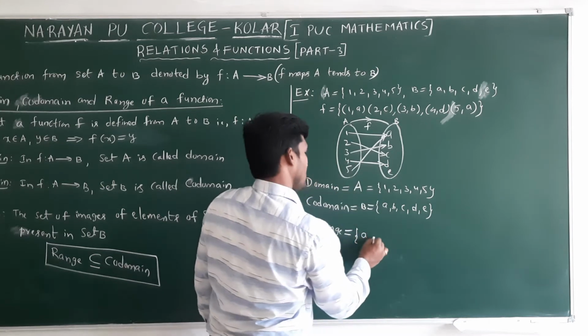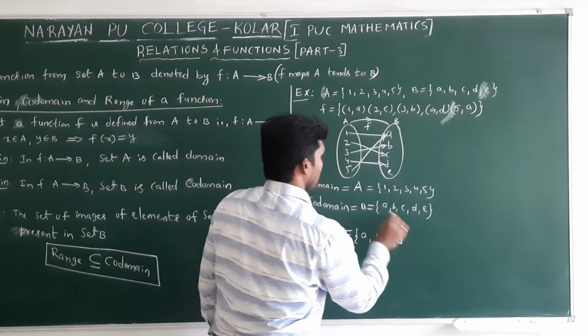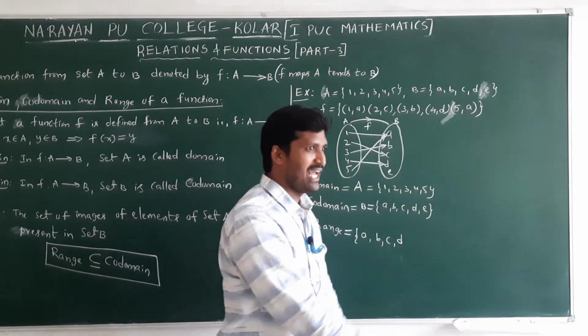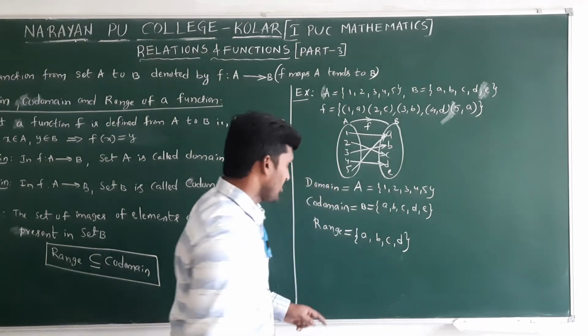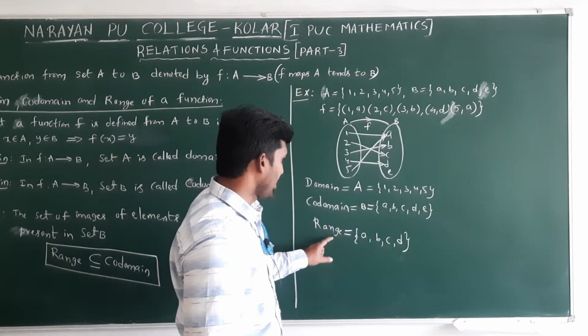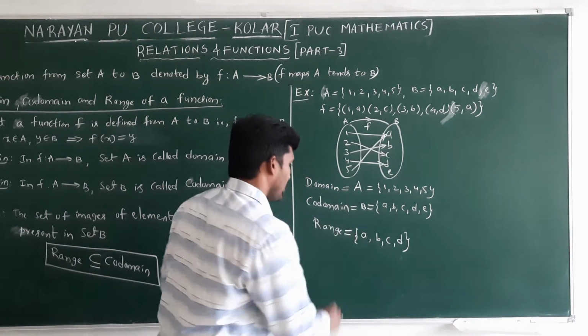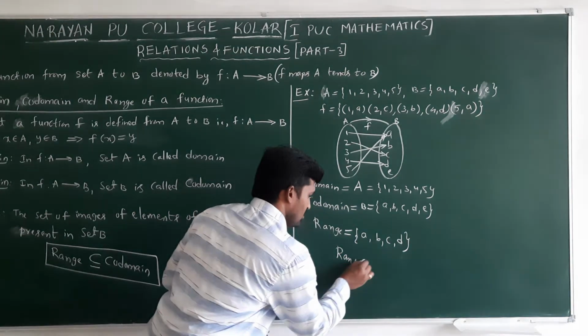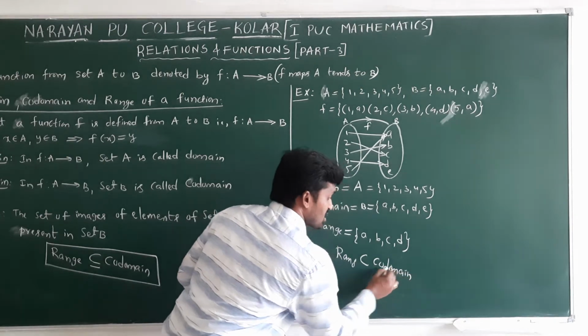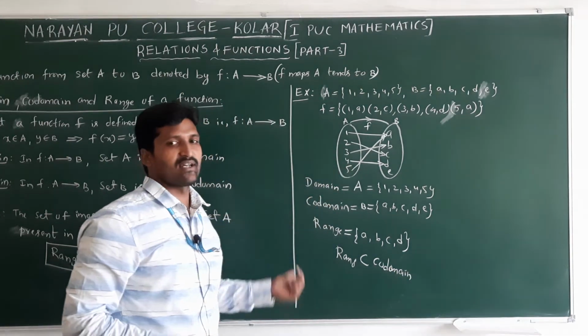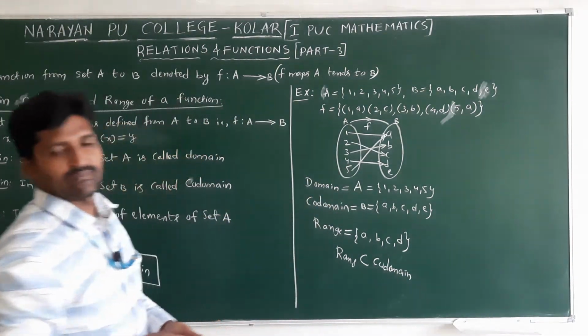A is an image, b also, c also, d also, but e is not an image of any element in set A. Here, clearly observe, this is the range; every element present in B is not in the range. That's why range is a subset of codomain, and sometimes equal is also possible. That's why I wrote range is always a subset of or equal to codomain.